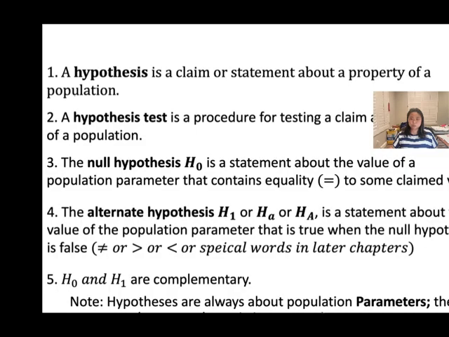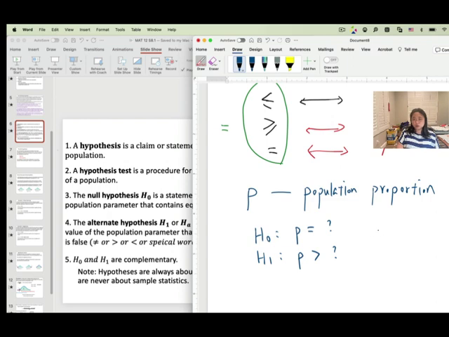Hypotheses are always about a population parameter. They are never about the sample statistic. Keep in mind that we always use the population parameter, and we never use the sample statistic, so you don't put the sample notation.